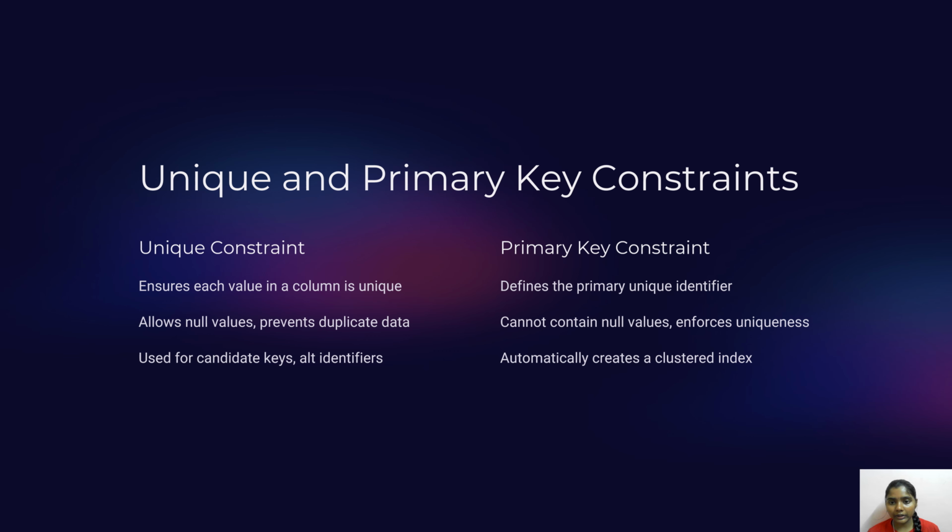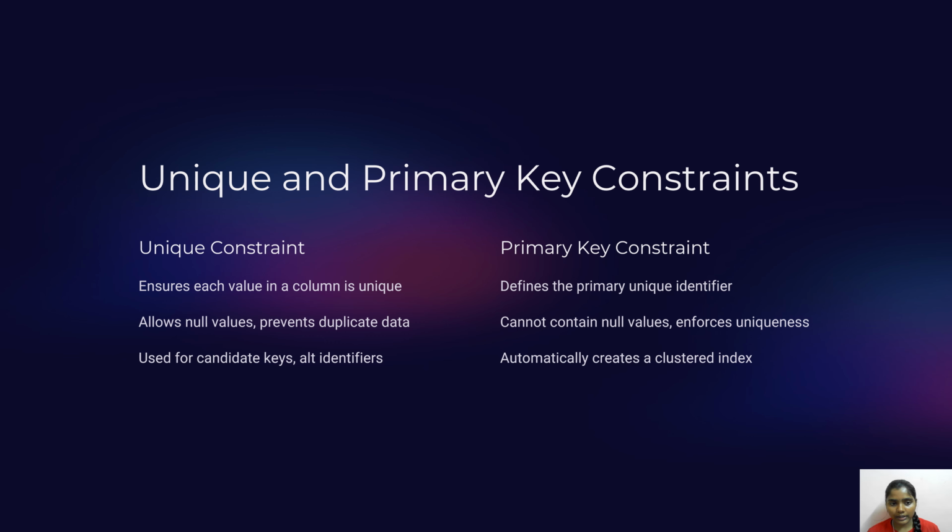Unique and primary key constraints. There are unique constraint definitions and primary key constraint definitions. Let us know about the description of unique constraint. Ensures each value in a column is unique. Allows null values. Prevents duplicate data. Used for candidate keys.